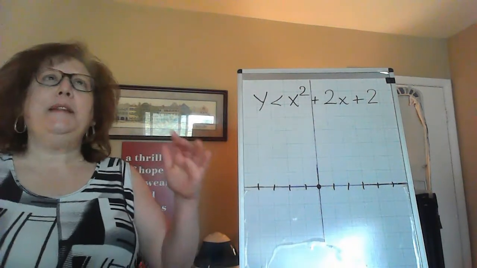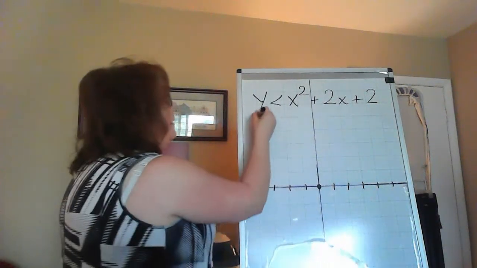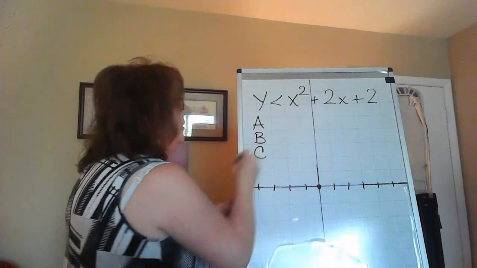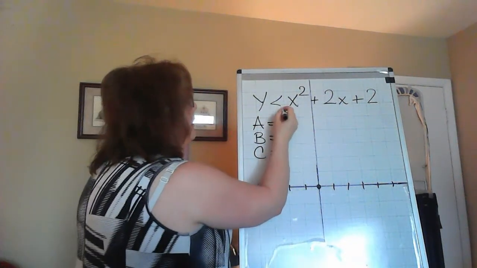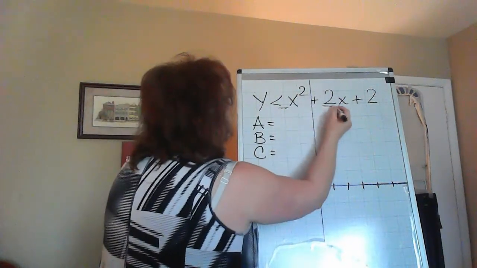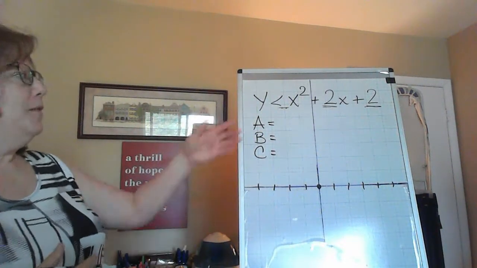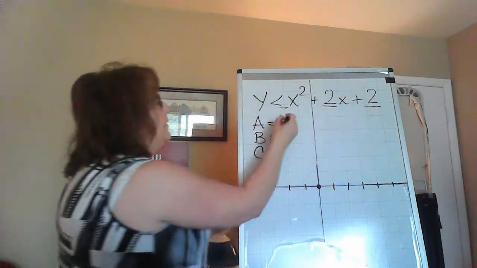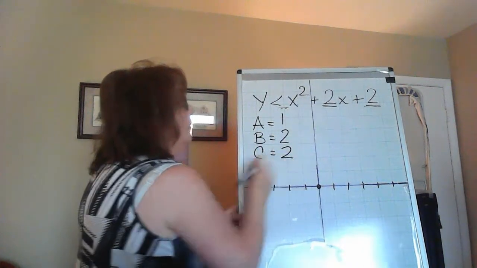And everybody would yell out, hopefully, finding A, B, and C. So we're going to do that. And hopefully you recognize now that our A is here, our B is here, and our C is here. So whatever number is in front of the variable and the one that's all by itself. So A is 1, B is 2, and C is 2.